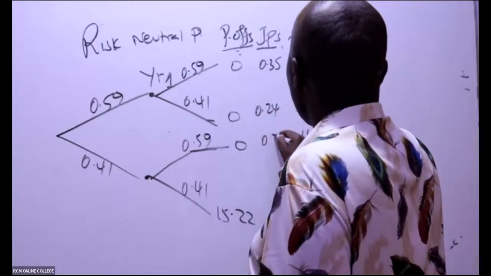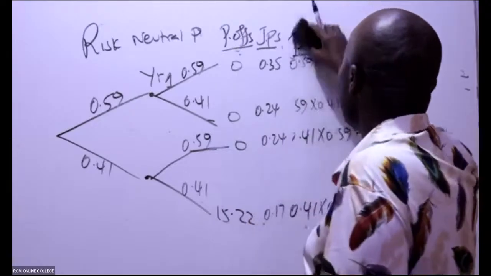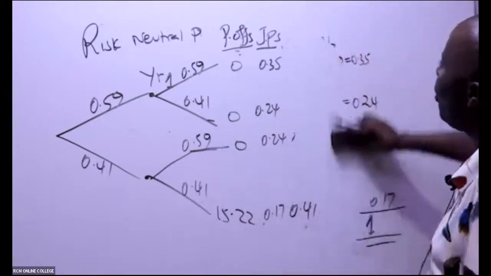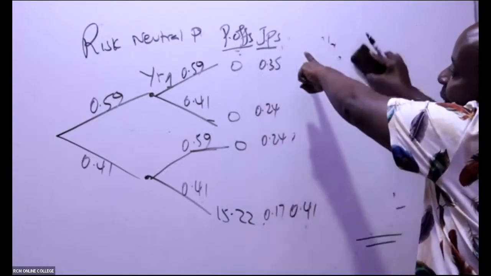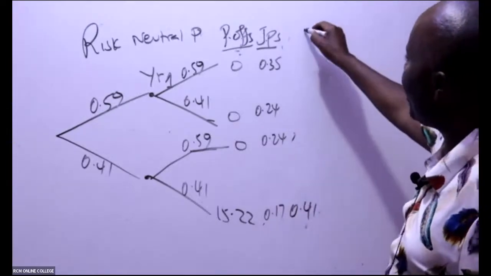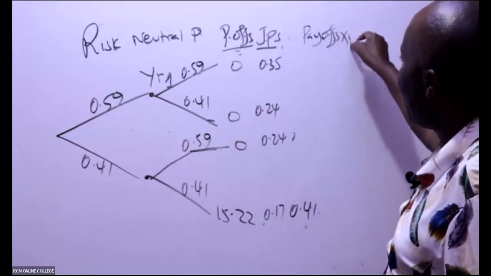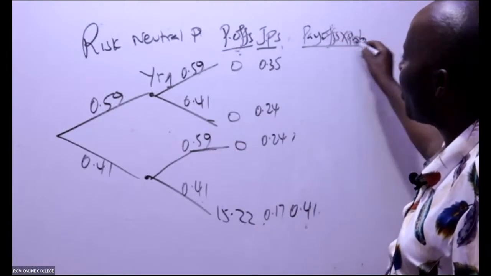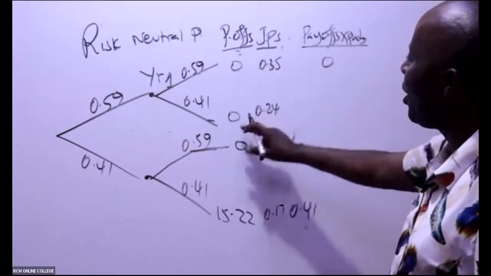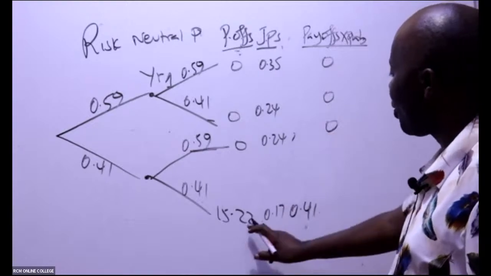0.24, 0.24, 0.17. Just like how you do it in advanced management accounting, you take the payoffs times the JPs, times probabilities. Create a column where you take the payoffs times probabilities. So 0 times this is 0, 0 times this is 0, 0 times this is 0.